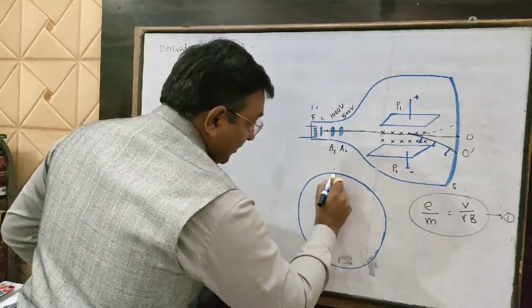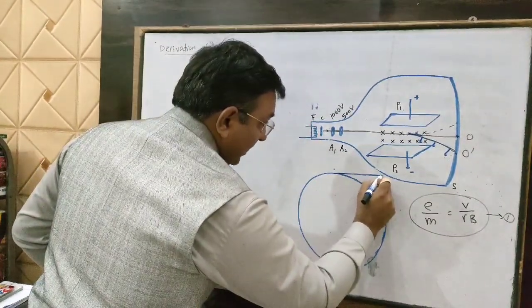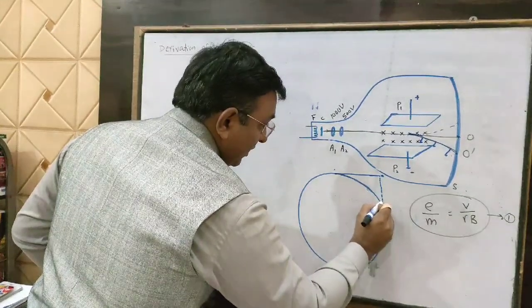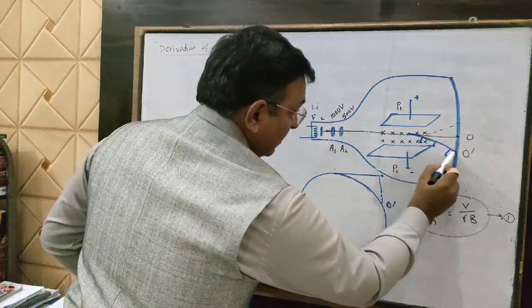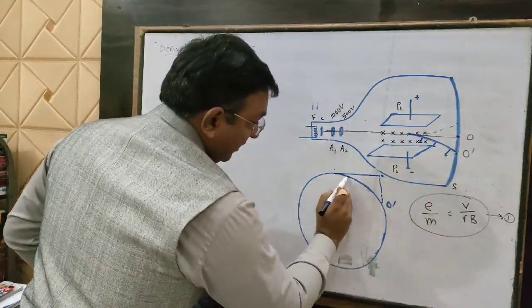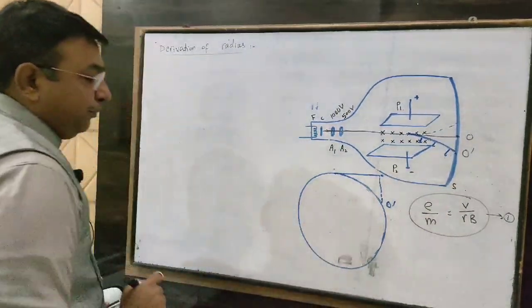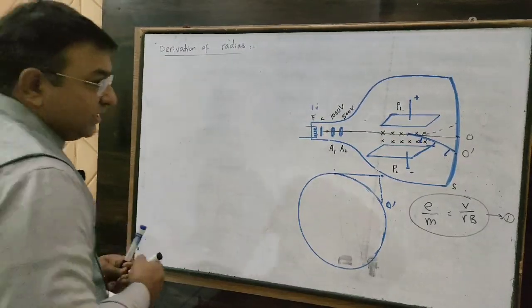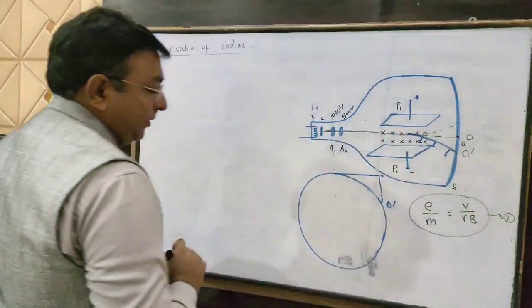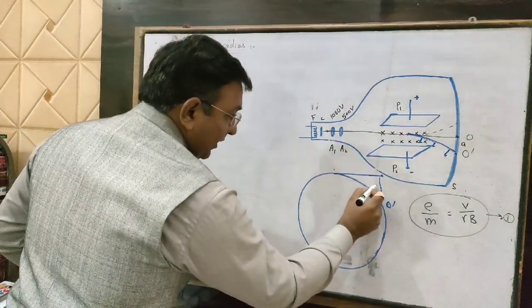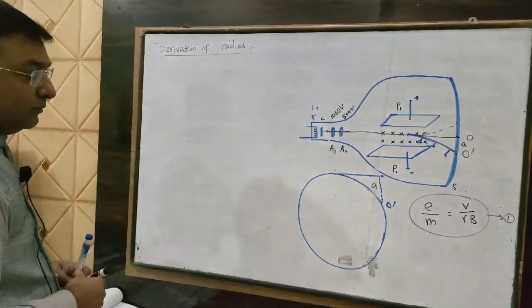If we draw the O point at this and O prime at this point, so this arc will appear like this one. So this deflection which occurs at this screen is represented by A. In this case also we are writing it as A.